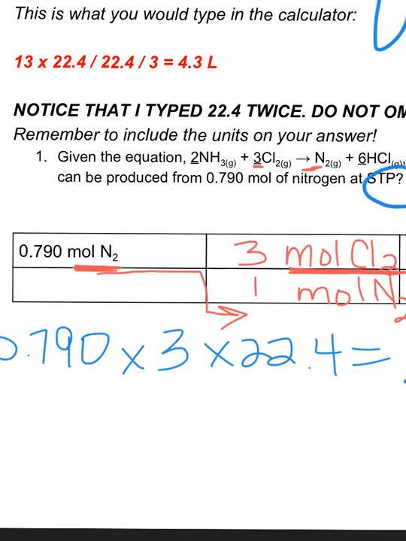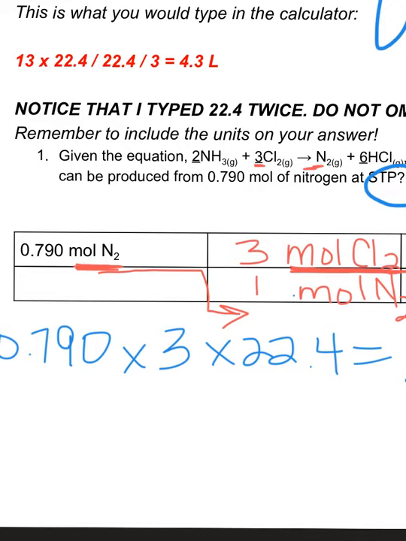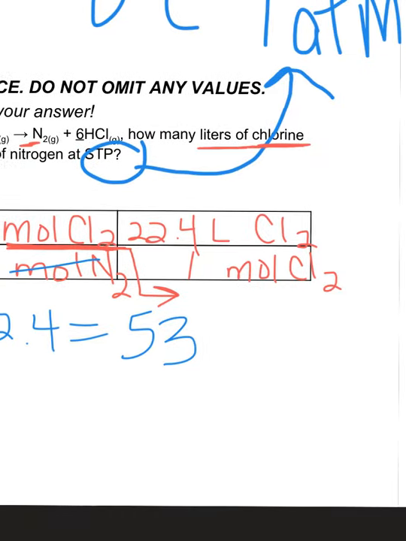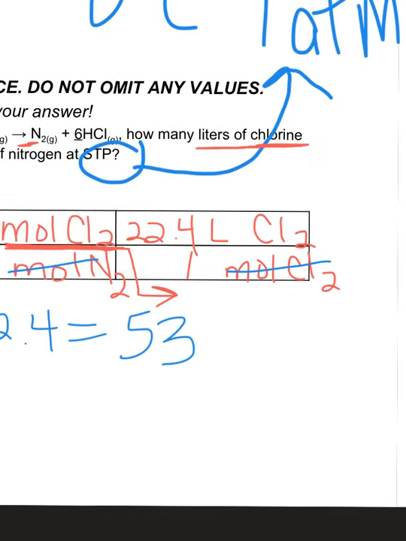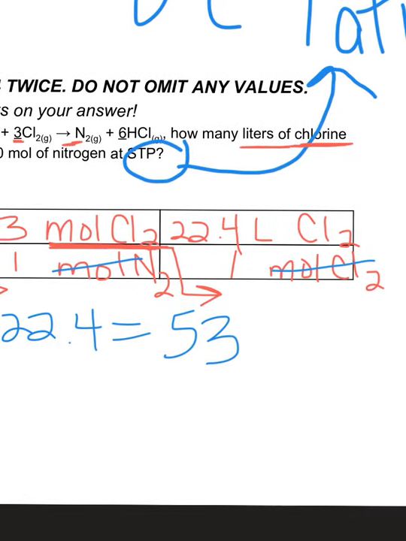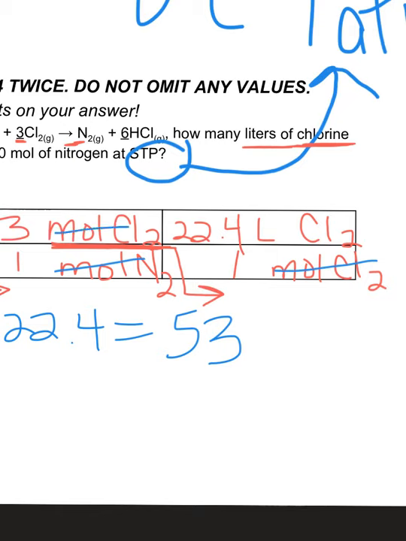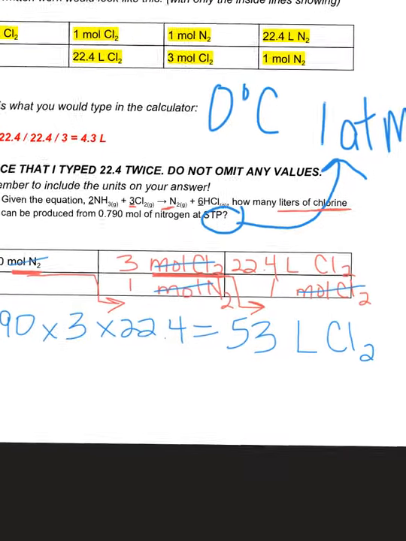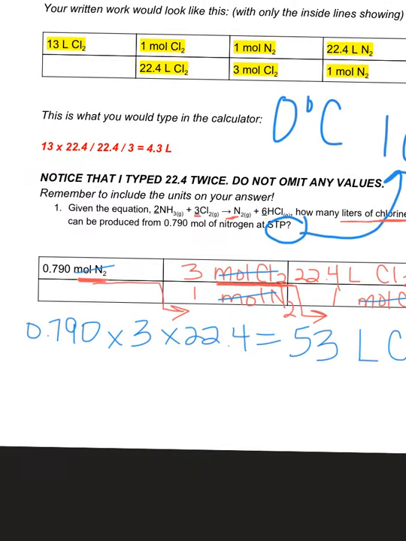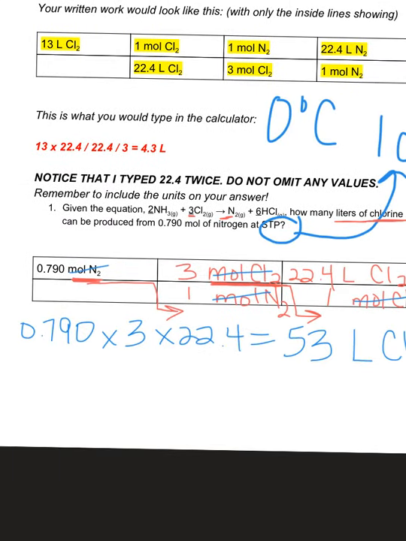Okay, well, moles of nitrogen is canceled. Moles of chlorine is canceled. What's left? Liters of chlorine. 53 liters of chlorine. Okay? Just like that. Let's move on to number 2.